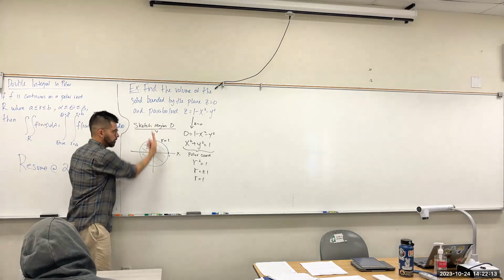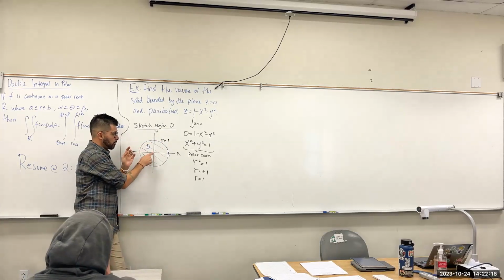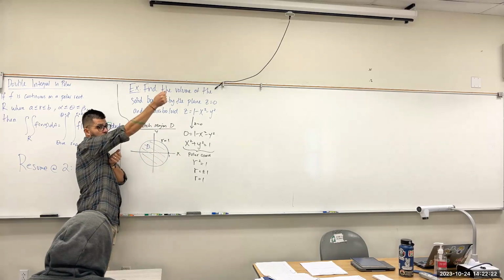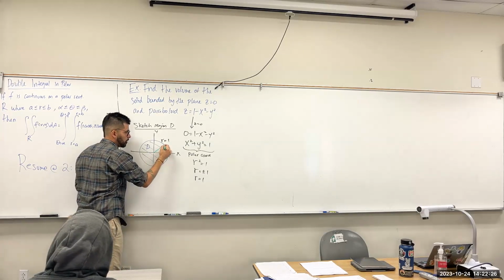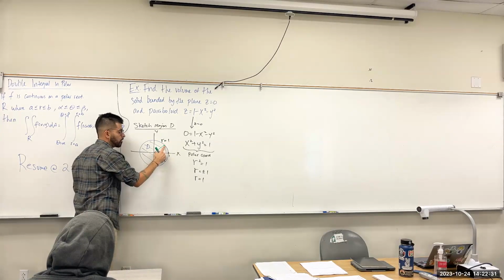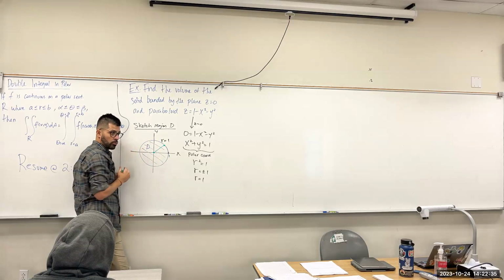Don't do this anymore with x's and y's, okay? For polar, your laser always starts at the origin and you shoot your laser out. What's the farthest that it goes? 1. What's the shortest that it shrinks? 0.